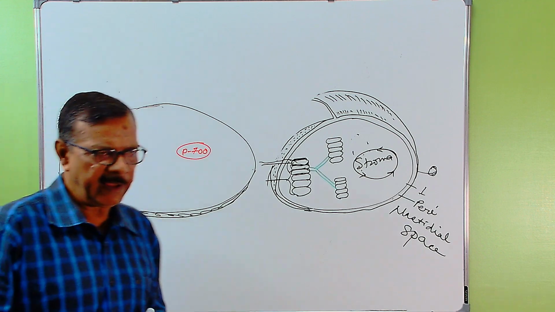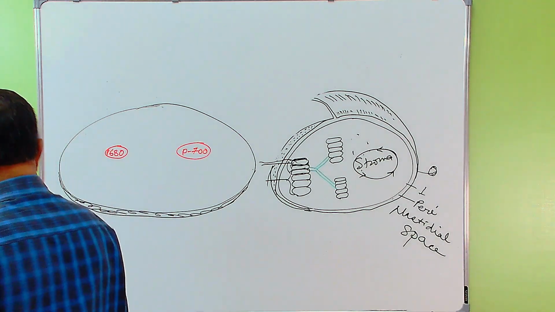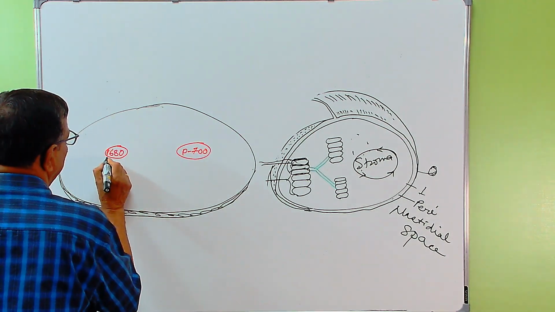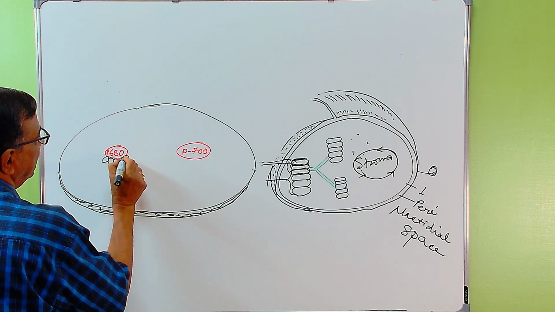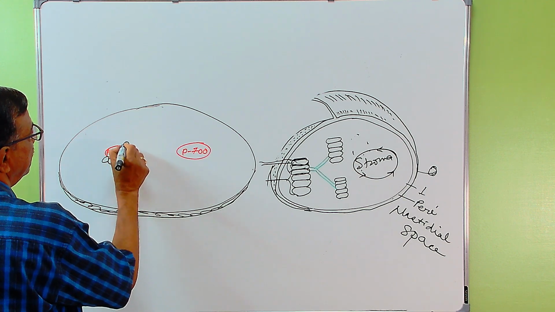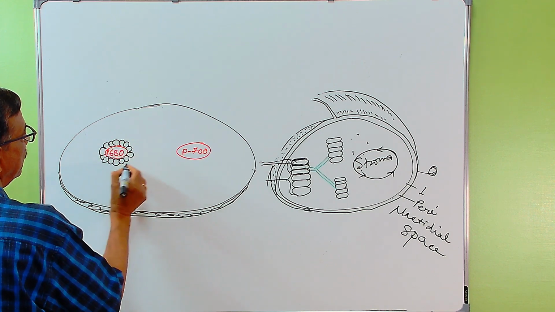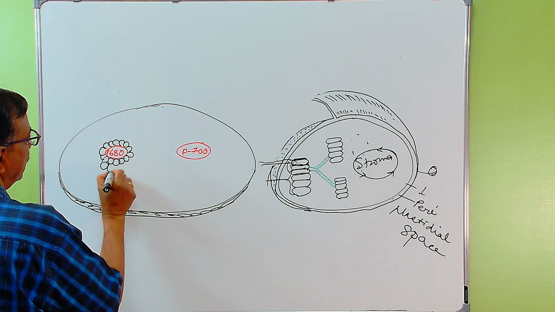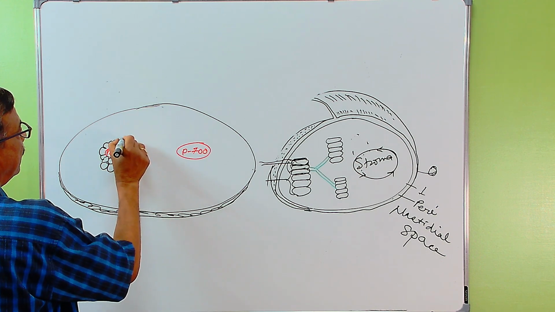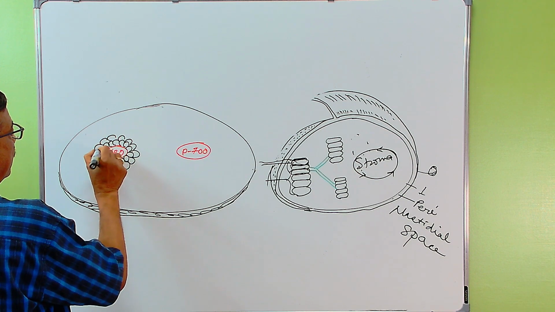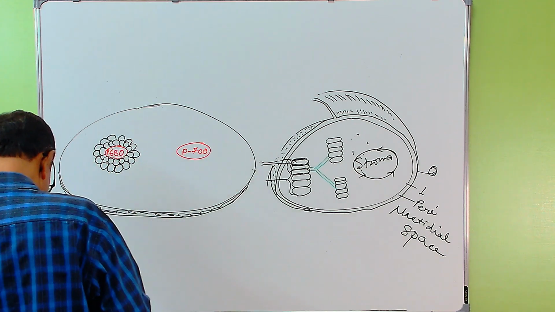Along with chlorophyll A and chlorophyll B, the other pigment molecules are there. So let me draw the other pigment molecules. These are all different pigment molecules. Here also the other pigment molecules are there.